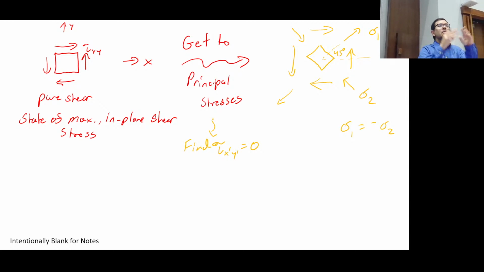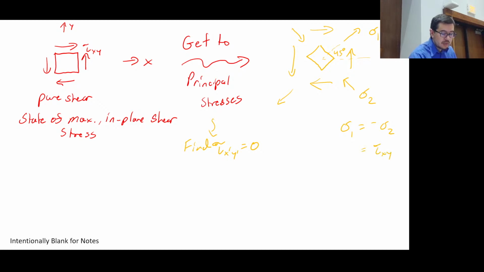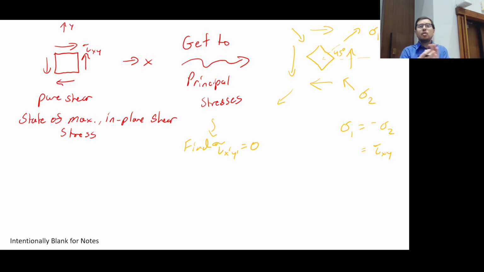And then, of course, if we use the equations or the equilibrium triangles, we can figure out what those values are going to be from the state of pure shear. And it turns out that since this is pure shear, sigma 1 will actually equal the original tau xy, and minus tau xy will be sigma 2. Okay? All right, so be familiar with that.